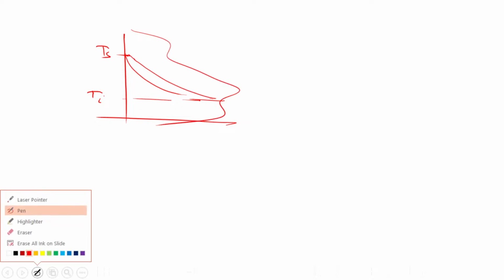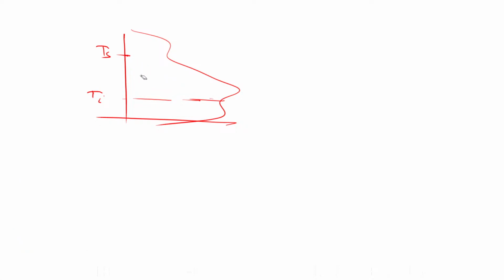This is the initial temperature Ti, and when it is changed to Ts immediately, and Ts is more than Ti, then the profile is changing like this, and this is a semi-infinite solid. This is at time t as time increases, T1, T2, T3.